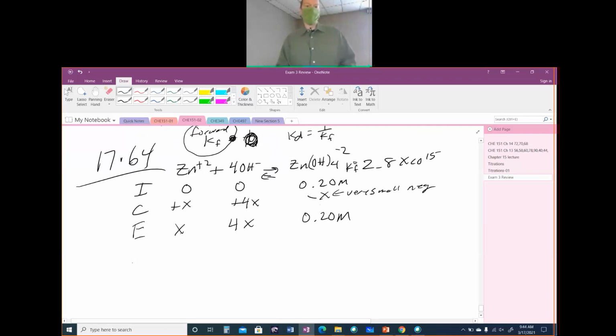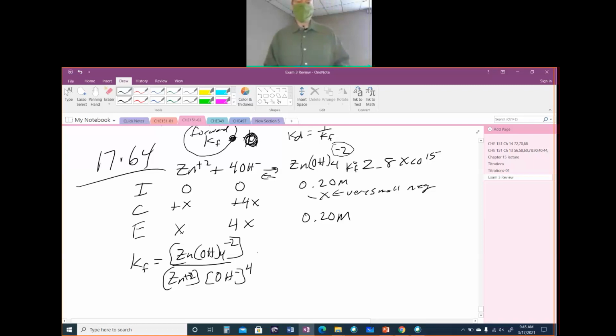But before we do that, we got to write the KF expression. This is an ion. All ions are aqueous. So it is the Zn(OH)4 2- concentration over the Zn2+ concentration and our OH- raised to its coefficient of 4.